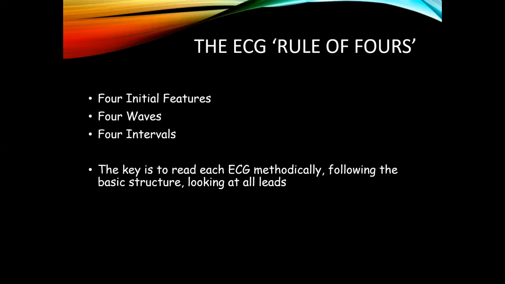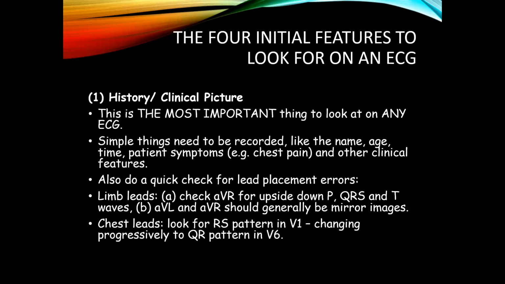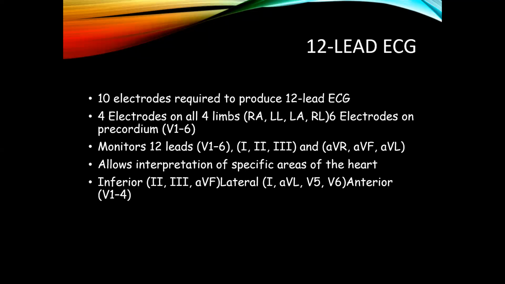Four initial features, so we can look at the demographics, presenting complaint, etc. Then the four waves and the four intervals. In a 12-lead ECG, 10 electrodes are required to produce the 12 leads. There are 4 electrodes on the 4 limbs: right arm, left leg, left arm, right leg, okay? And 6 electrodes on the precordium.